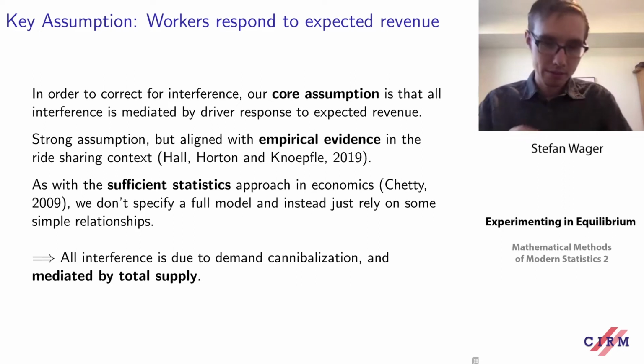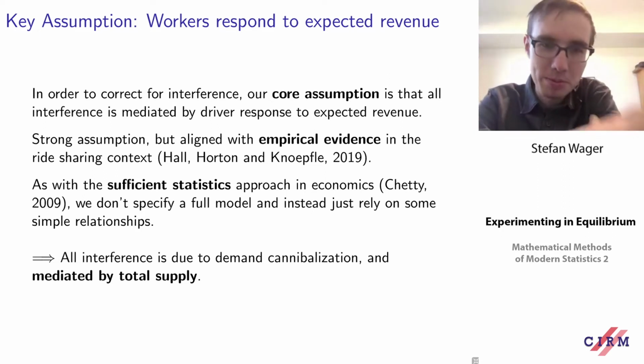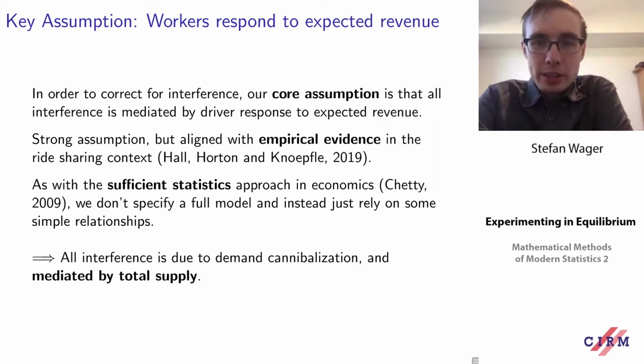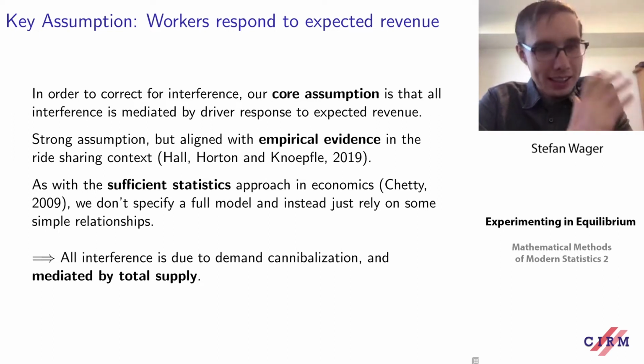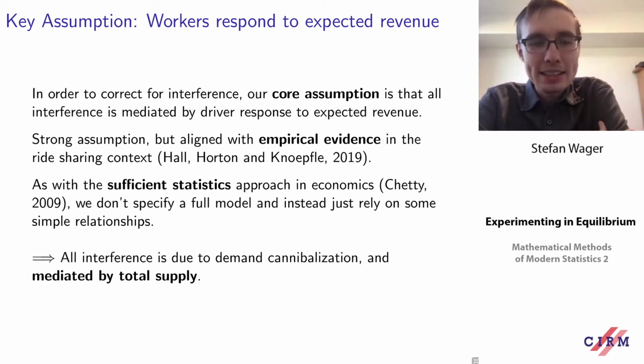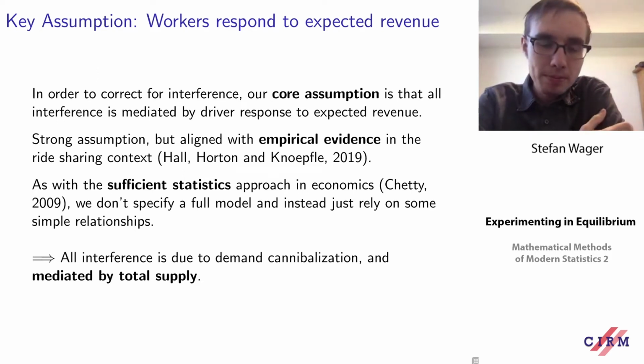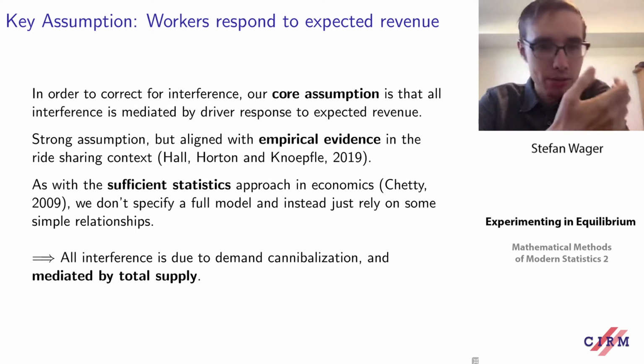Just to be more specific about what I mean by modeling, the core assumption we're going to make here, as I've hinted already, is that it's a marketplace. What drivers care about here, say, or workers, sorry, but driver there.